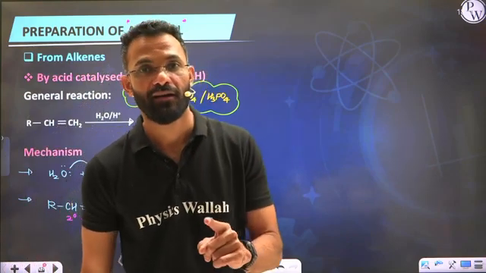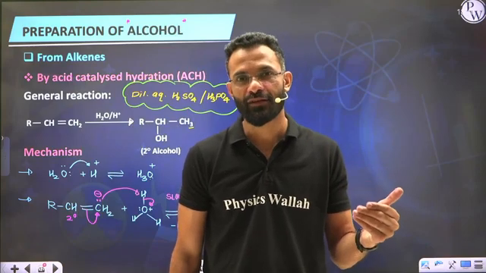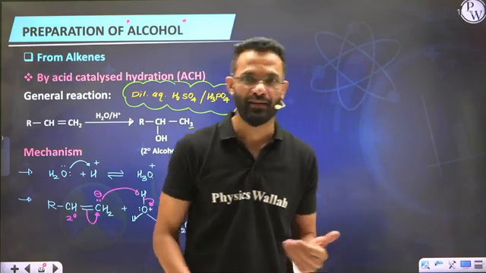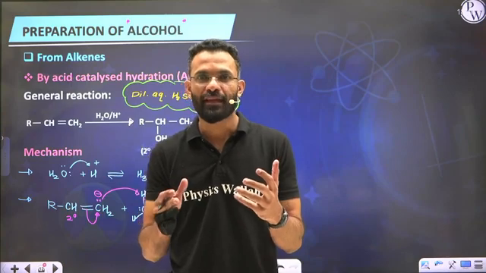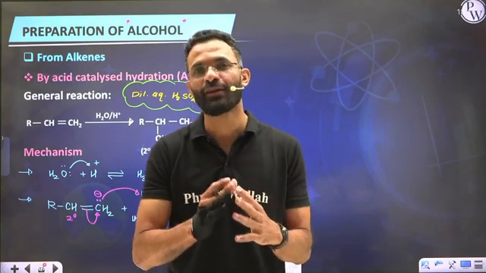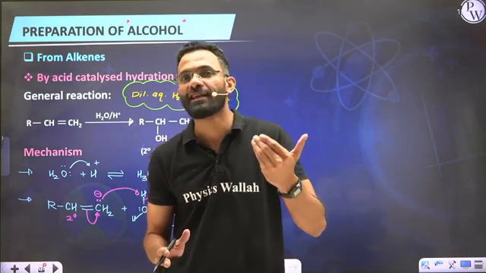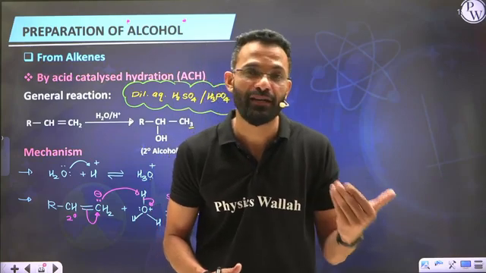Now every time when we learn a reaction mechanism, even in SN1, there was always a formation of carbocation. We always kept one important fact in mind: whenever there is a possibility of carbocation formation, we always have to think of whether there is any possible rearrangement.